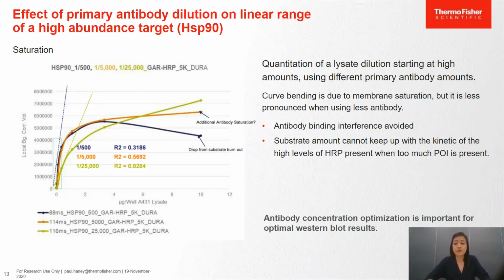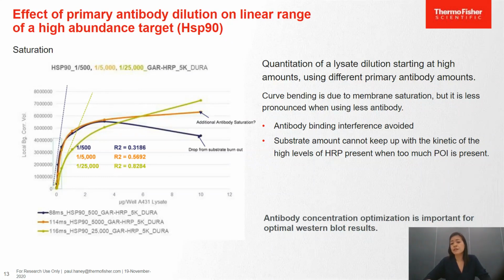To further understand the importance of optimizing antibody concentration, here we have performed Western blotting for HSP90, a high abundance target, and used different primary antibody amounts. For all the primary antibody concentrations, the curve bends due to membrane saturation.